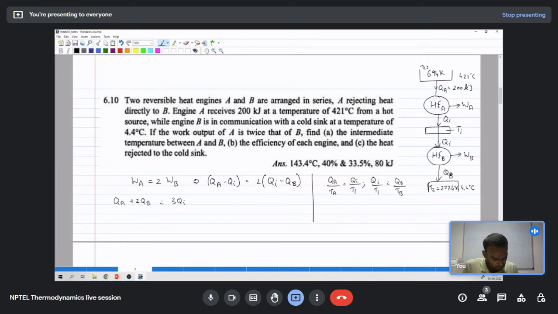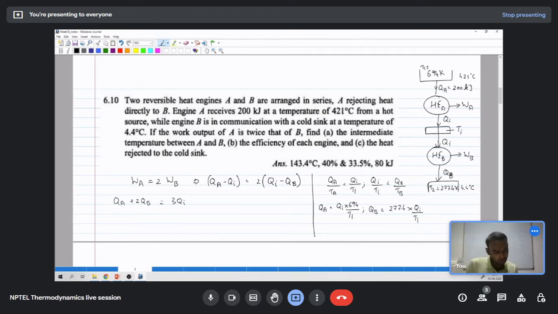From this expression I can calculate QA. QA is QI into TA by TI. TA is 694 Kelvin, so this is into 694 divided by TI. Similarly, QB can be calculated, which is 277.4 into QI by TI.